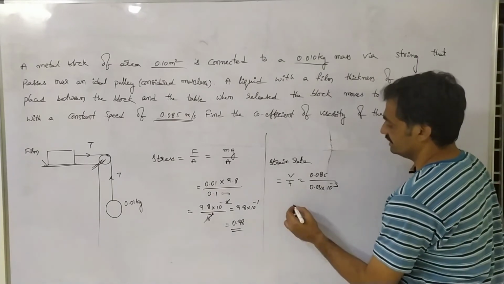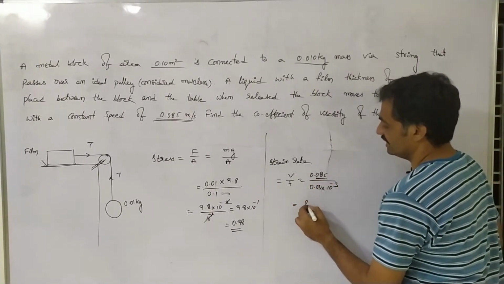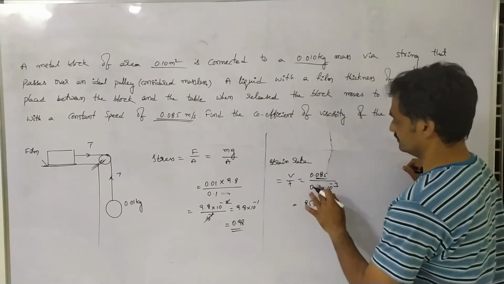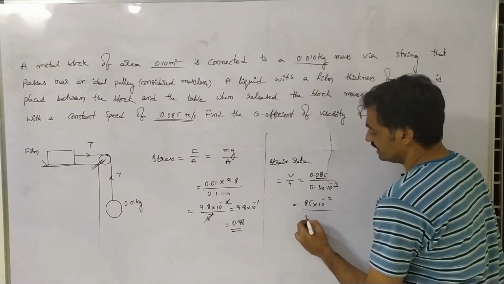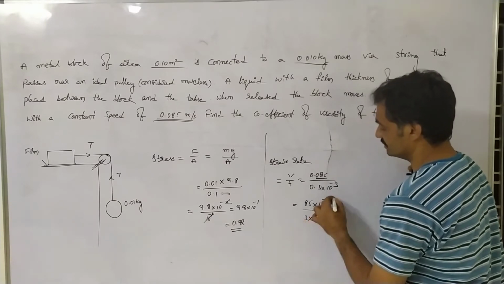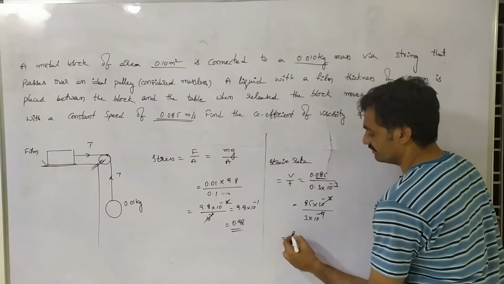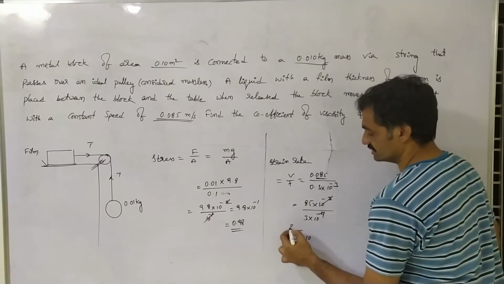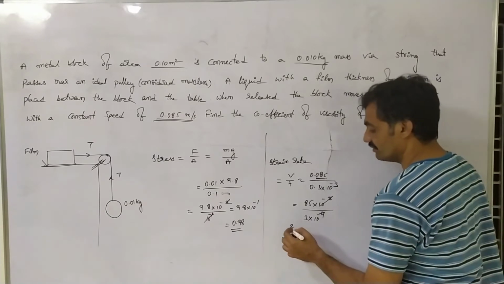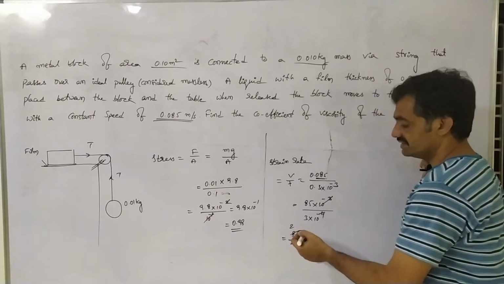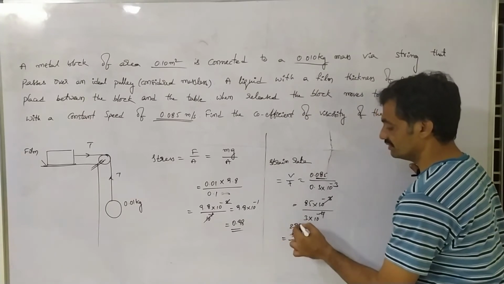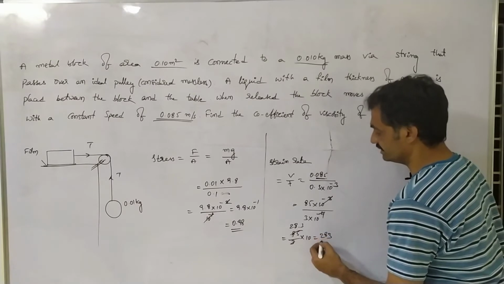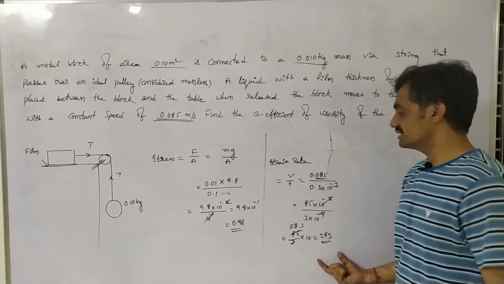So it can be represented as 85 into 10 to the power of minus 3 by 3 into 10 to the power of minus 4. The 10 to the power of minus 3 gets cancelled and we can represent it as 85 by 3 into 10, which gives about 283. This represents the strain rate.